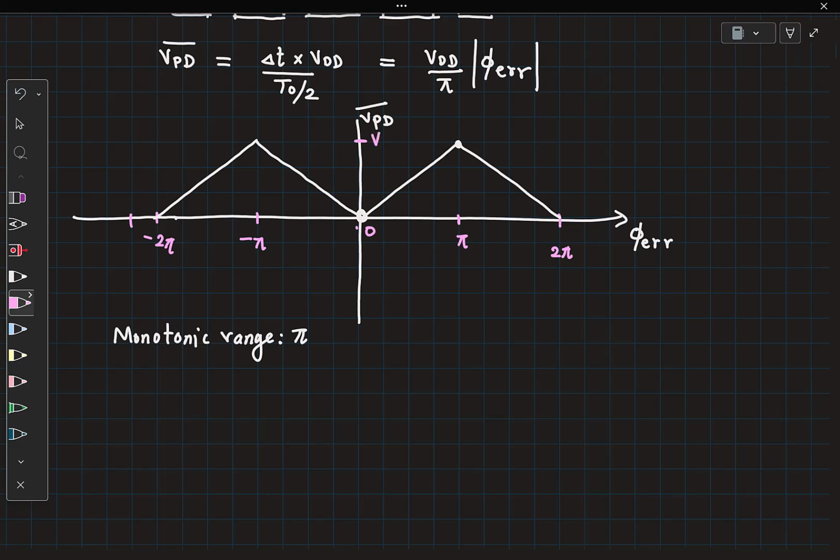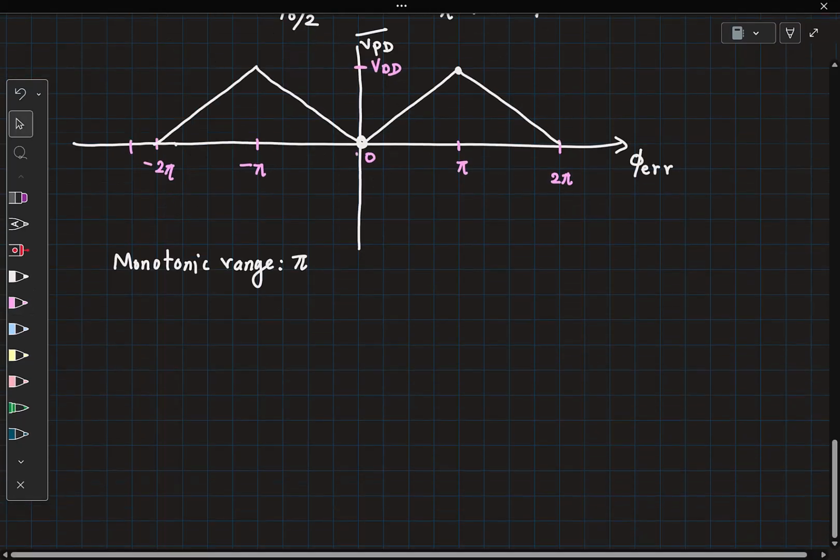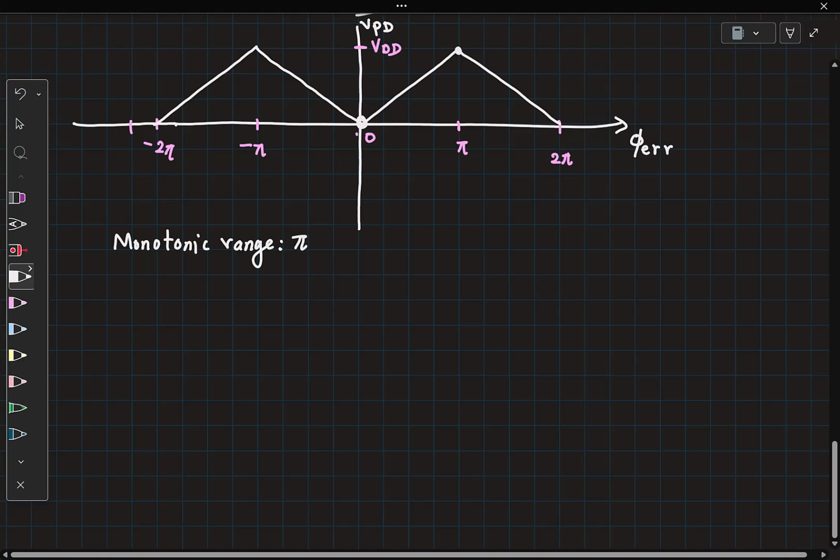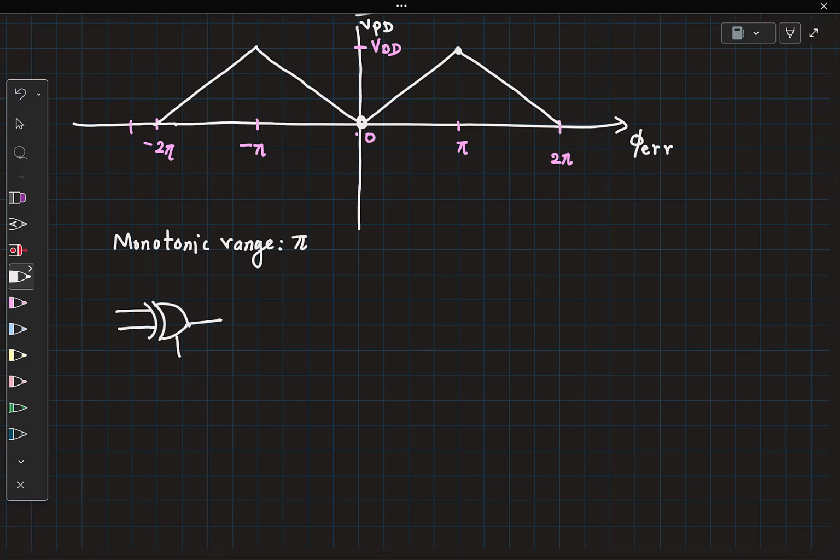So right now, this point is VDD. If you had used an XOR gate where the supply voltage is from minus VDD by 2 to plus VDD by 2, then you are taking this curve and simply shifting it from minus VDD by 2 to plus VDD by 2.